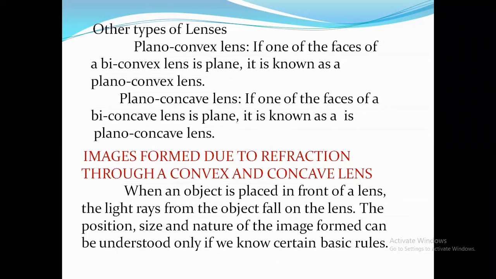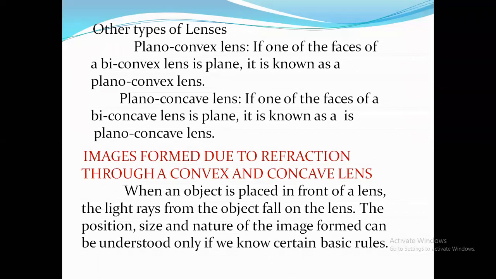How is the image formed? When an object is placed in front of a lens, the light rays from the object fall on the lens. Instead of the eye lens, the light rays fall on the specs lens.